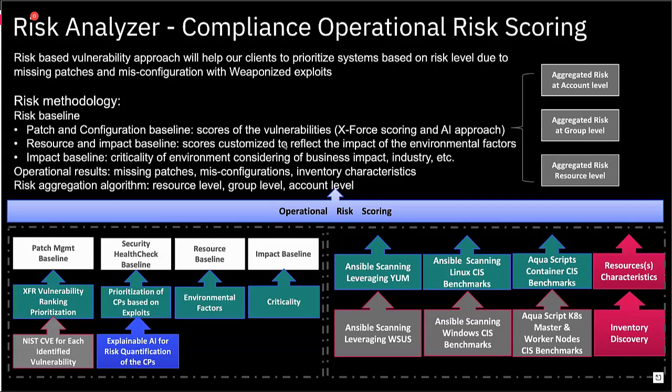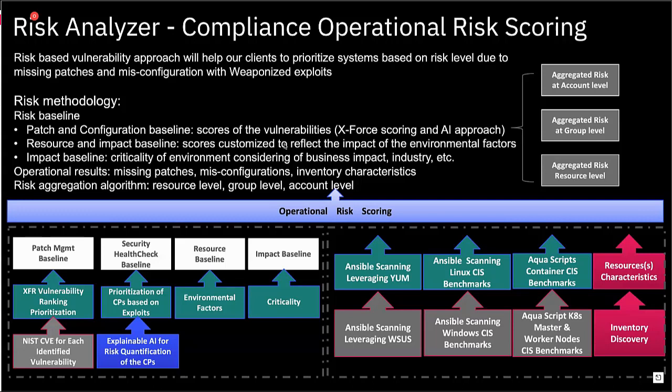The first one is to establish the risk baseline. The key element here is that we need to understand the patch, vulnerability, and configuration control policy: what the baselines are, and what the score of each baseline is. This leverages the X-Force scoring methodology from the Security BU.